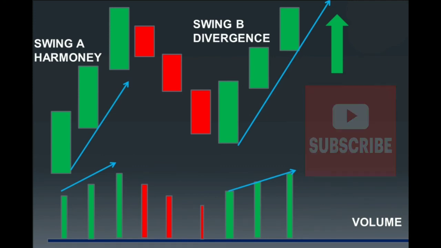In summary, 1. If price is falling and volume is rising, the market is strongly bearish. 2. If price is falling and volume is dropping, the market is weakly bearish, hence the downtrend is weakening.